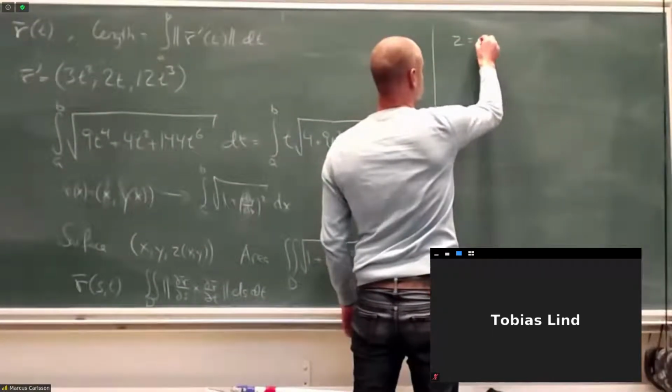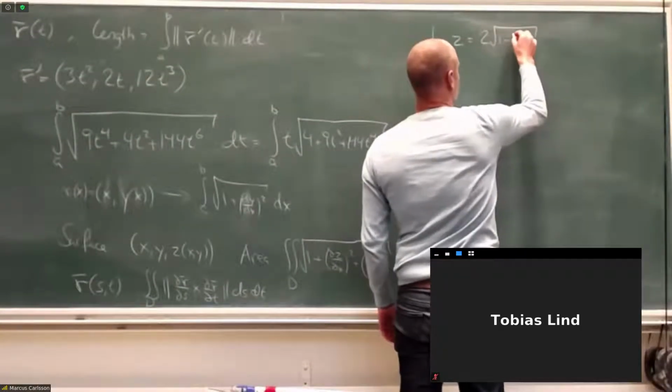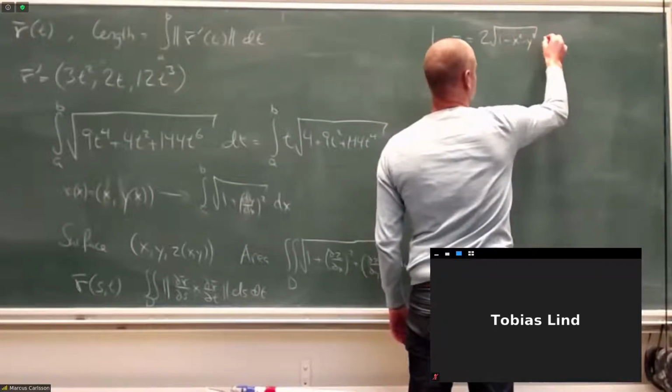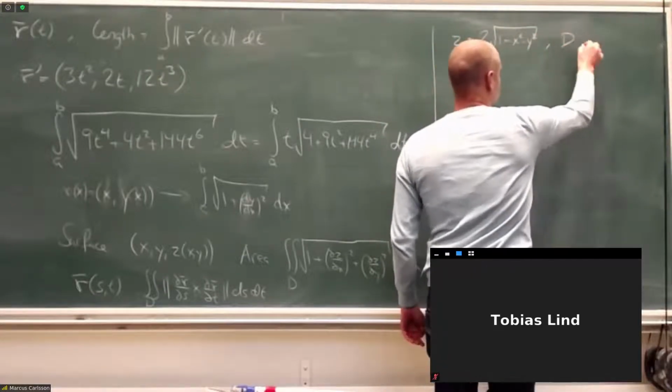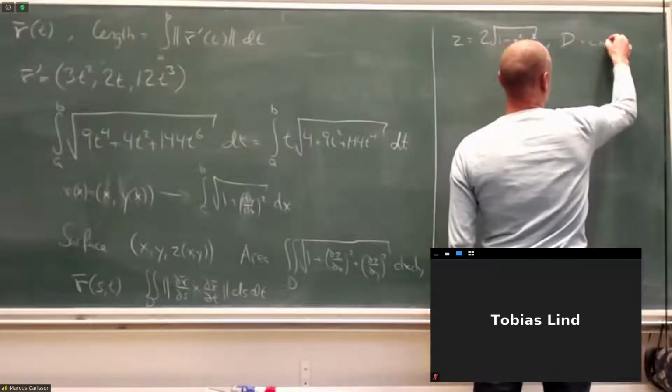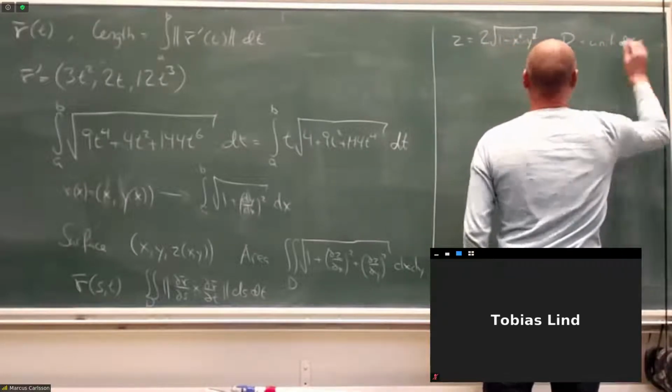So c is now equal to 2, 1 minus x squared minus y squared, and D is equal to the unit disk.